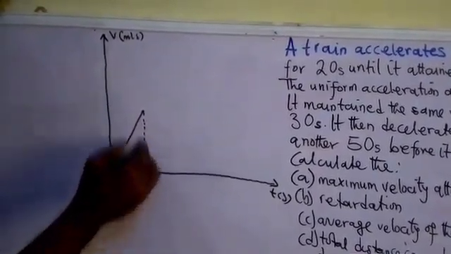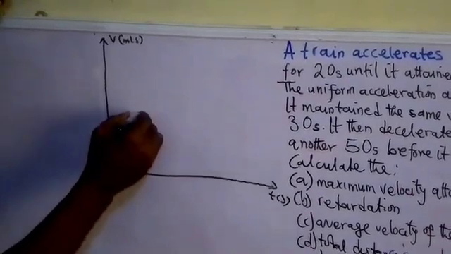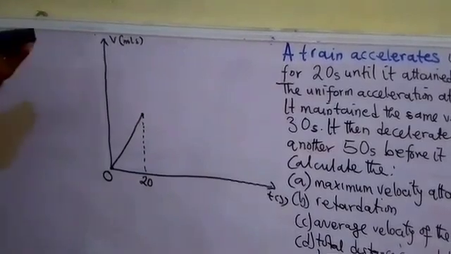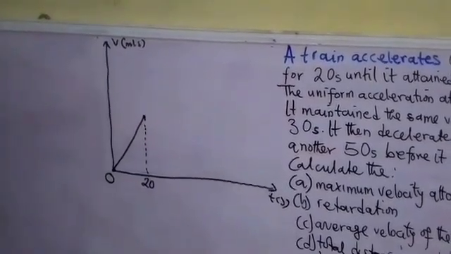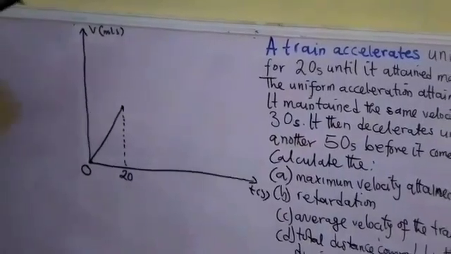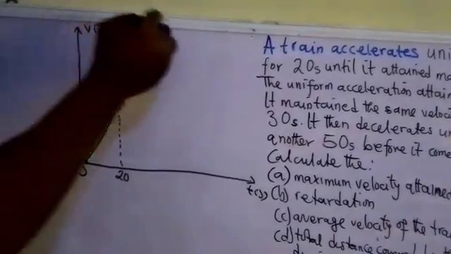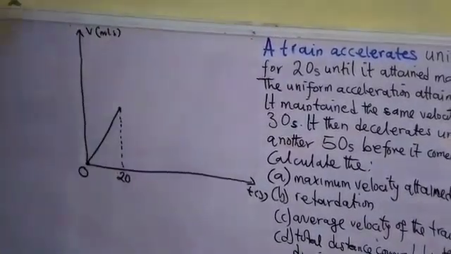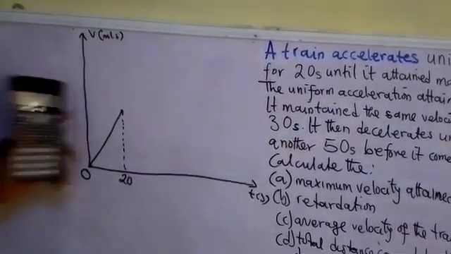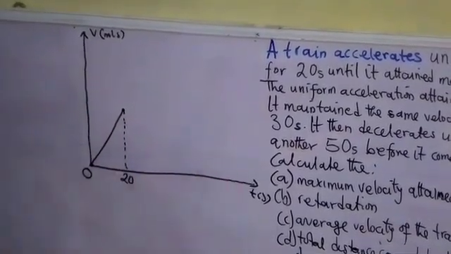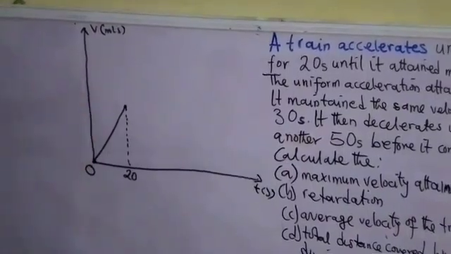So go to the time axis to where you draw this line and stop. That tells you how long the train accelerated, 20 seconds. Let's say when it was accelerating, it attained a maximum velocity. You don't need to put the acceleration value in your graph because this is a velocity time graph, not acceleration.